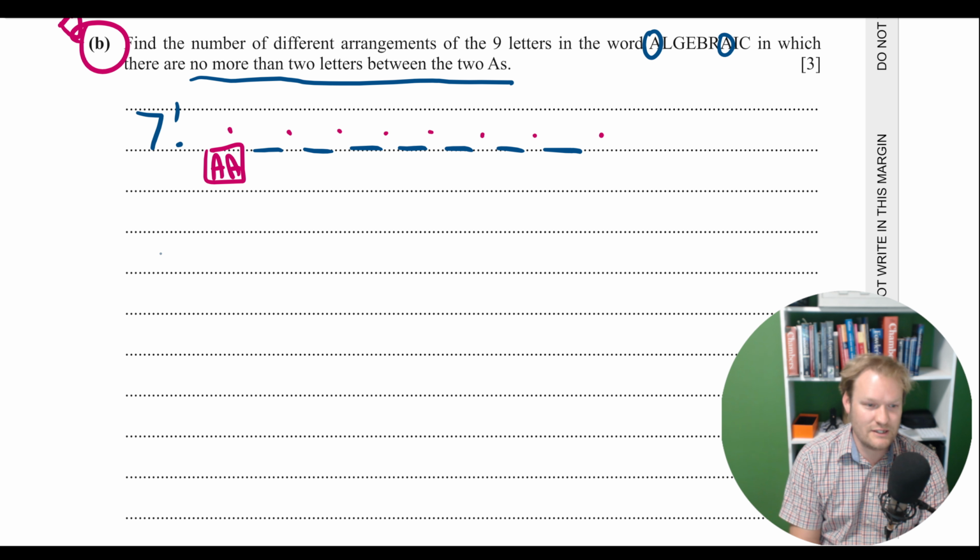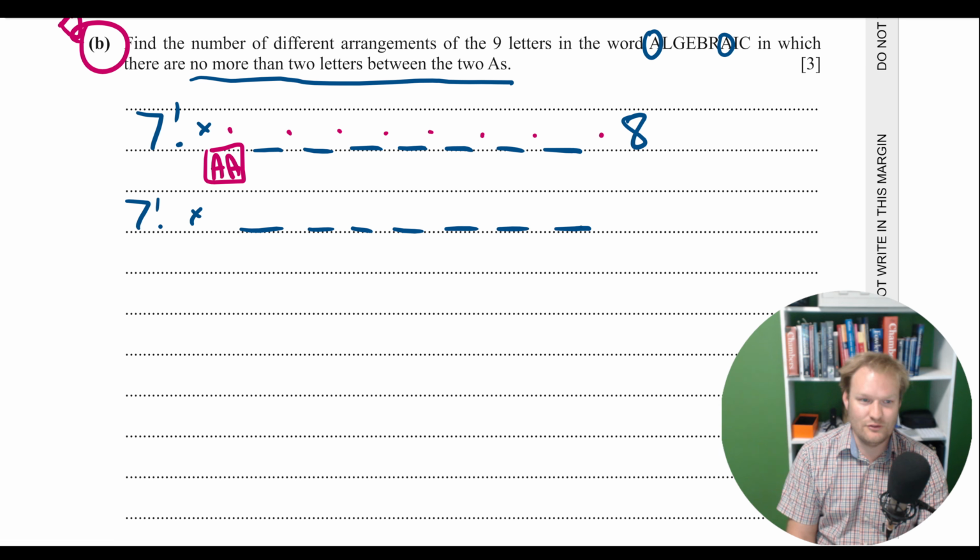Okay, so we've got our 7 factorial, and then we're going to multiply that by these 8 different ways that we can place the AA. Or we've got our 7 factorial ways, and we can multiply that by 1, 2, 3, 4, 5, 6, 7 letters left to place. And we could put an A and have a gap between it, right? Well, there's one option of doing that.